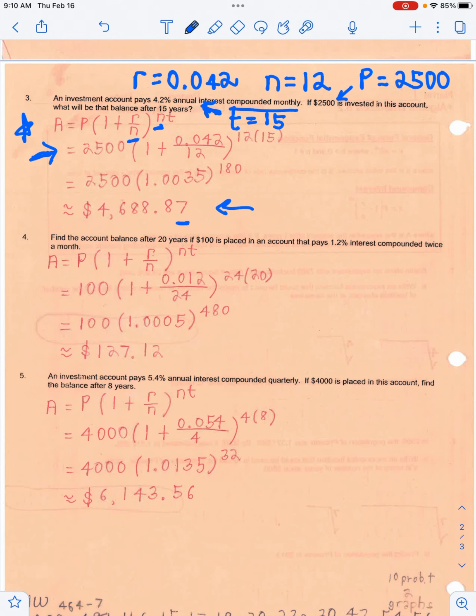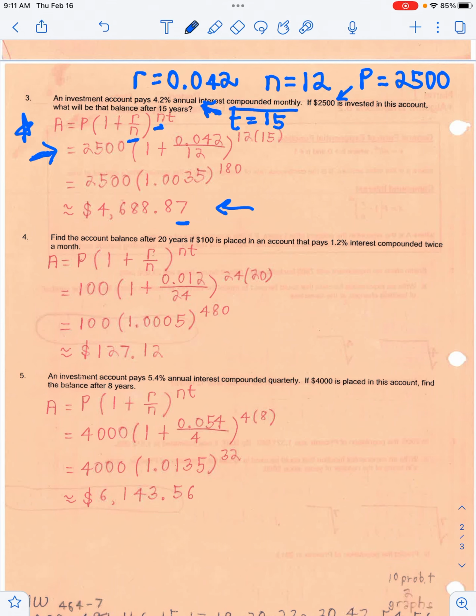And then the one thing I wanted to say, sometimes they say bi-weekly as the number of times they compound. That can mean every other week, which if there are 52 weeks in a year, that could be 26.